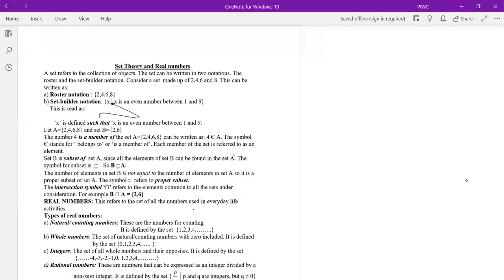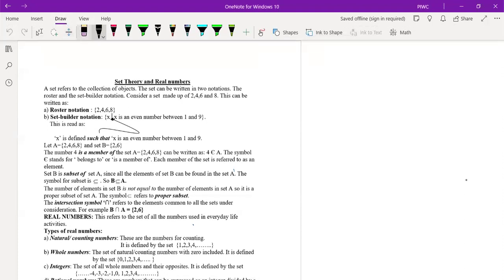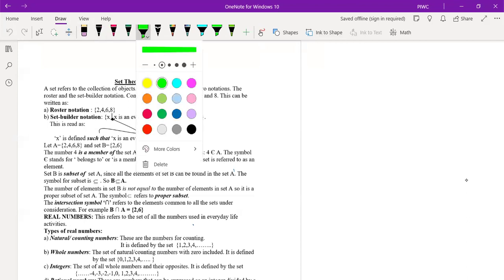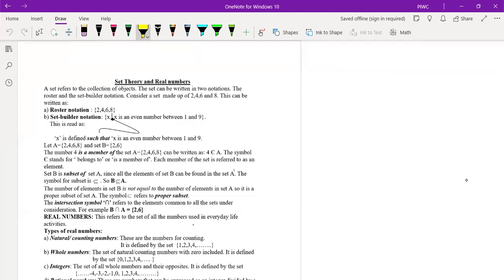The first one is known as the roster notation, and the second one is known as the set builder notation. Right, so two ways of naming a set. So let's consider each of them.